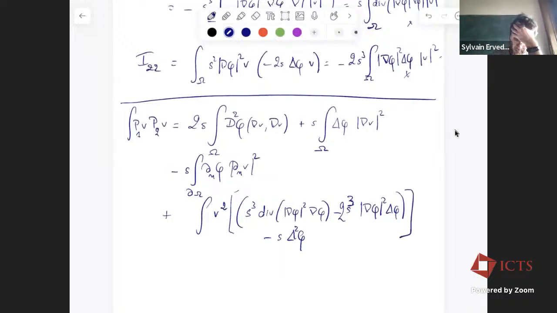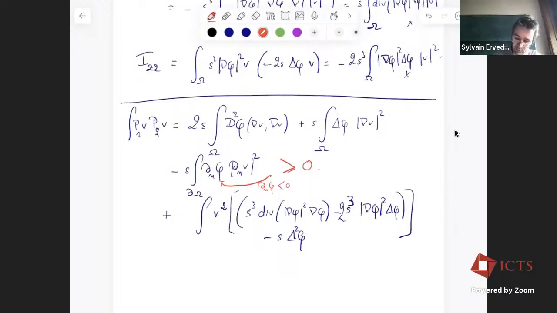Okay, so what about this? So here, we'll use that dn phi is negative. So this term here, for all this term here, it is positive. Okay. The terms in gradient of V squared.